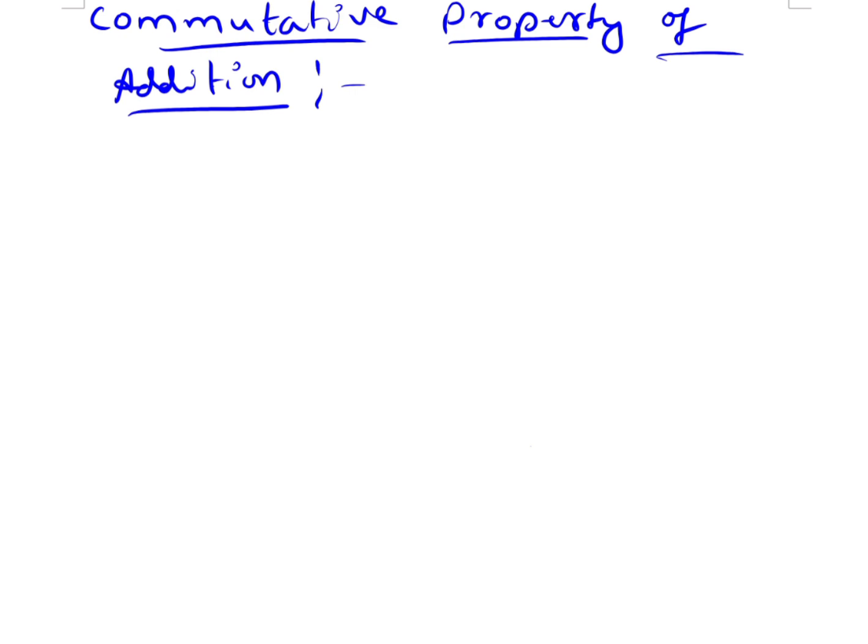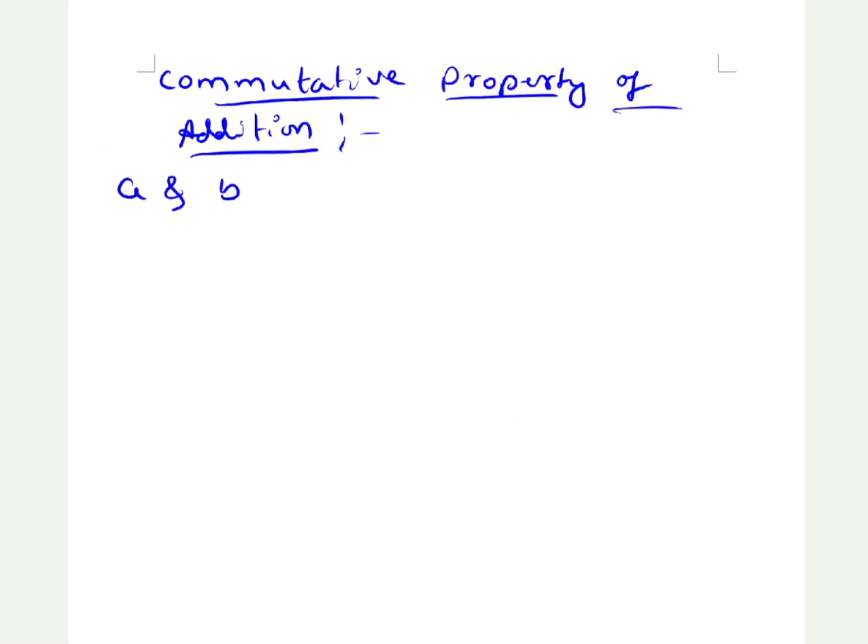For every integer a and b, a plus b is equal to b plus a. This is the commutative property of addition.